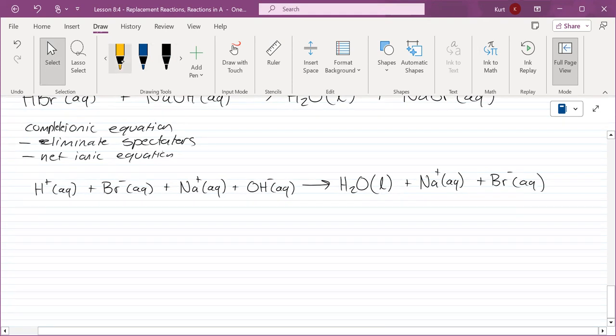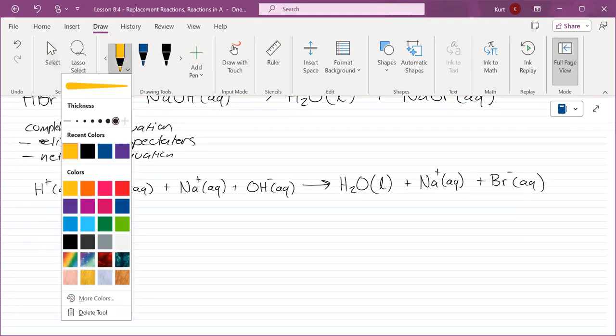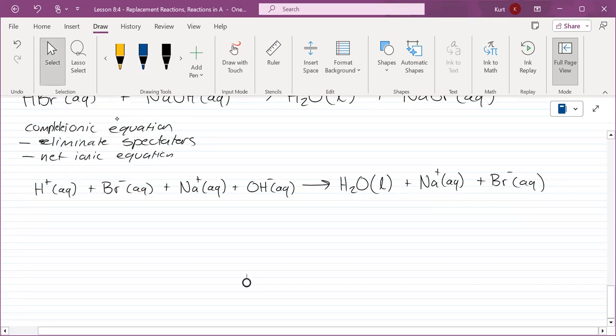I am now going to eliminate the spectators. Do you guys see hydrogen ions on the product side? Nope. How about bromide ions? Oh, wait, I shouldn't X that out. Excuse me. Do you see bromide? Yeah, get rid of that. Do you see sodium ions? Yep.